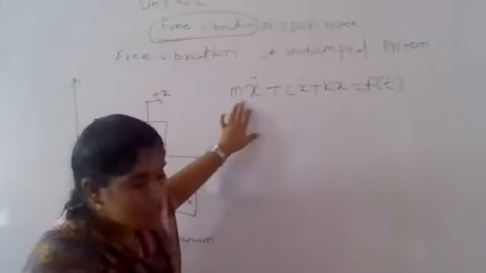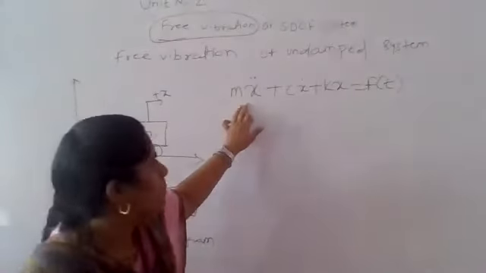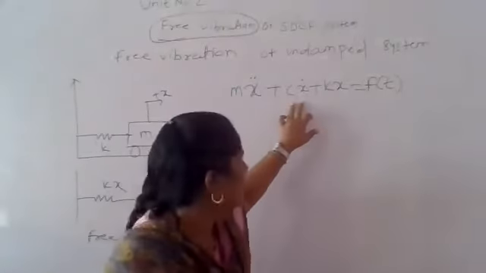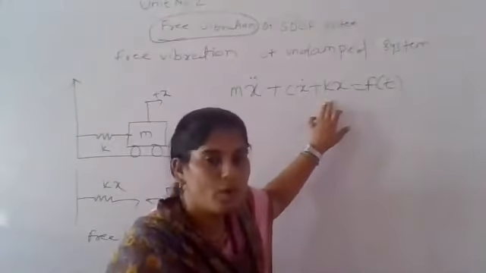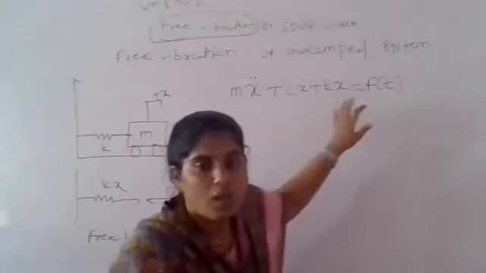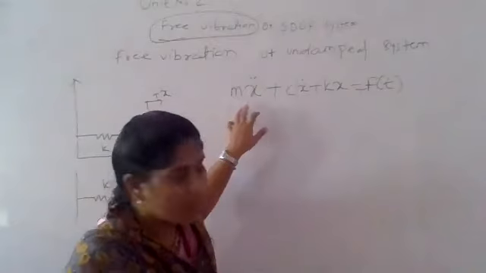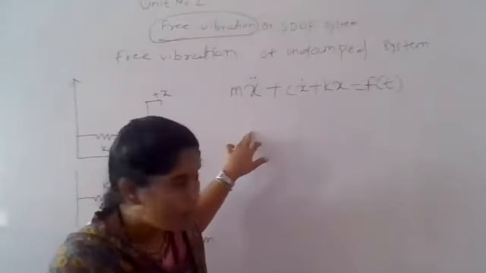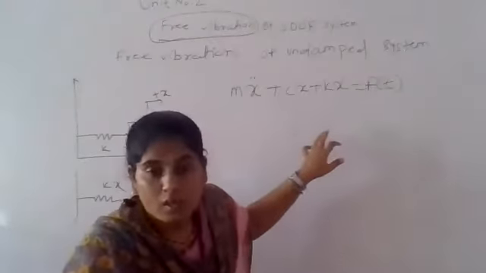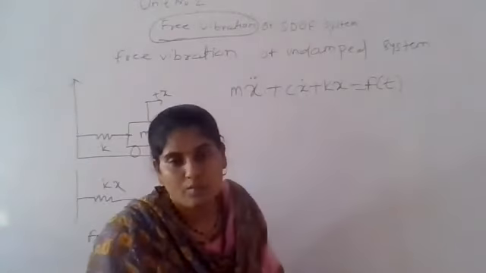From that, what is mx double dot? That is the inertia force which is produced into the system. What is Cx dot? Damping force which is produced into the system, and kx? Spring force which is produced into the system. That are the inertia forces equal to the external force, that is the f of t. But from this system, mx double dot is the inertia force, cx dot is the damping force, kx is the spring force, is equal to f of t, the external force.